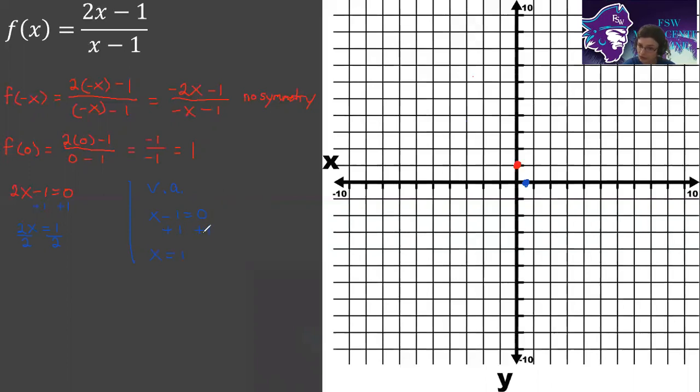So since we have a vertical asymptote there, I'm going to mark it on the graph as a dotted line. So let's go ahead and mark that as follows. This represents a section of the graph in which the function is not able to pass.